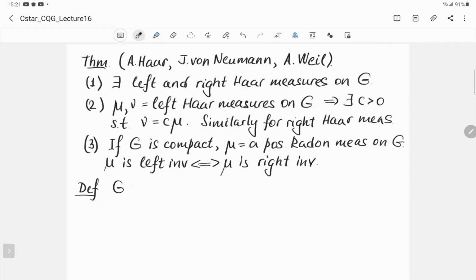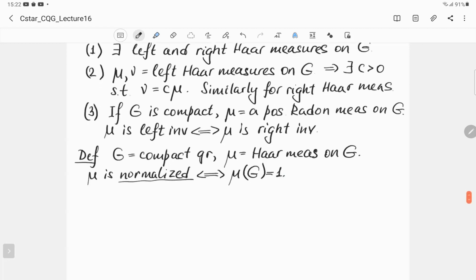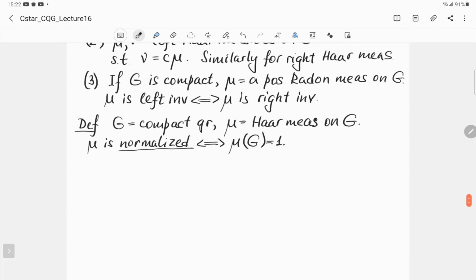If G is a compact group, and mu is a Haar measure, then we say that mu is normalized if it is a probability measure, that is, mu of G is 1. And it's immediate from the above theorem that such a measure is unique.